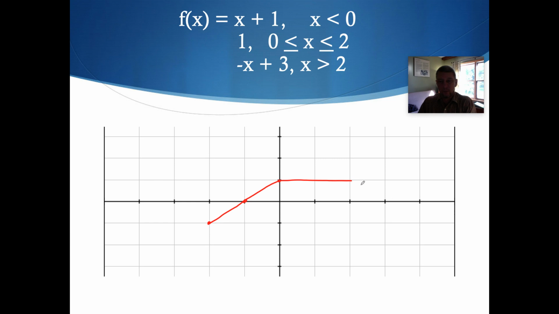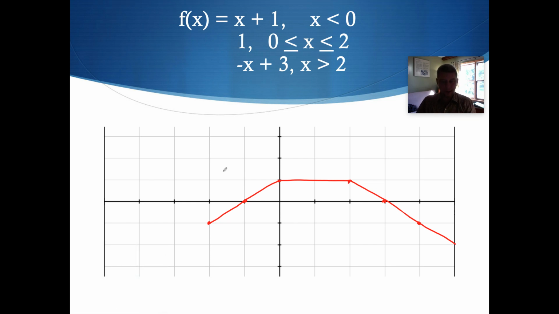And starting here, if x is 4, then -4 plus 3 is -1. All right, and so my graph is going to go down.